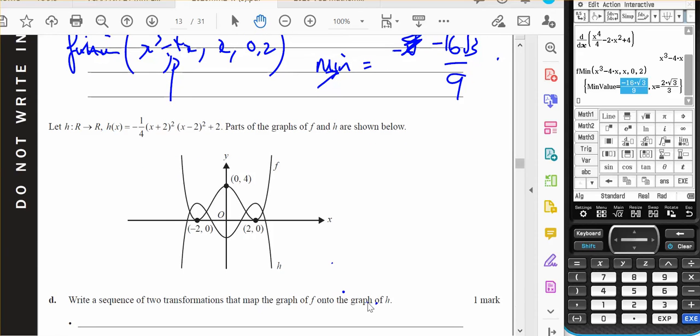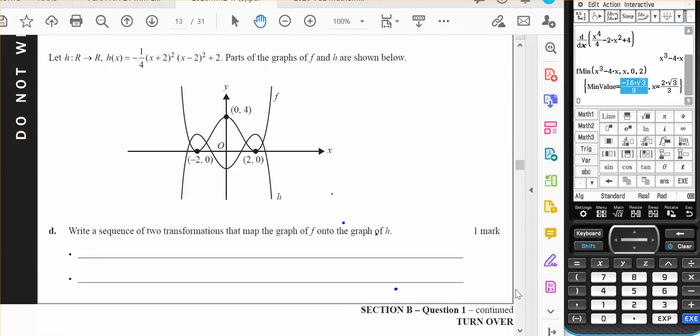Find a sequence of 2 transformations that maps the graph of f onto h. So there's 2 particular answers you can do. I'm going from f and I'm going to h. And this is h.